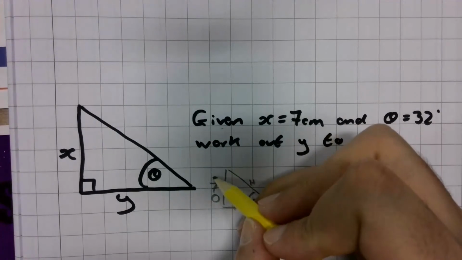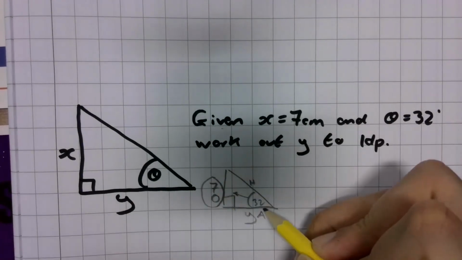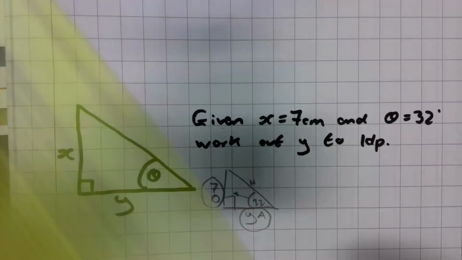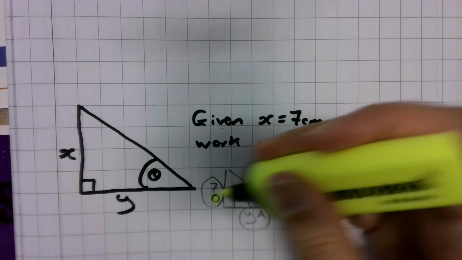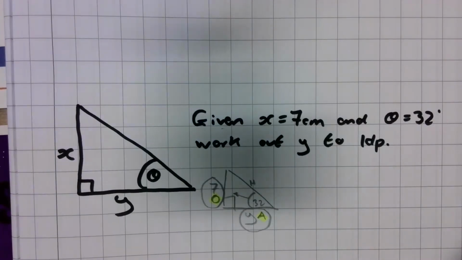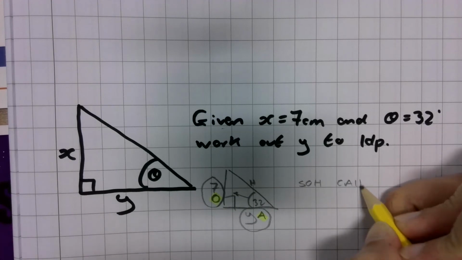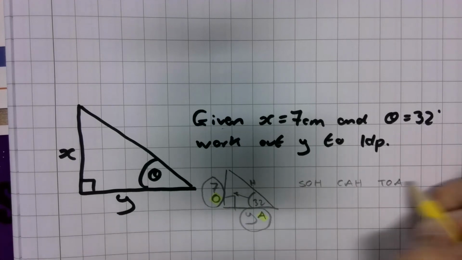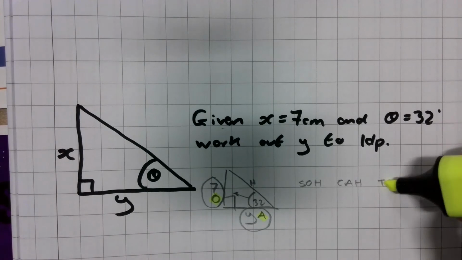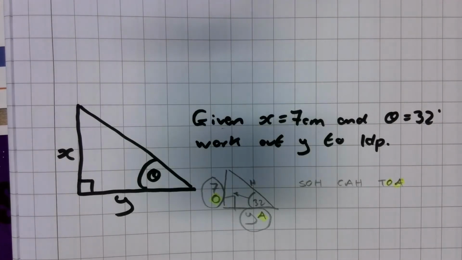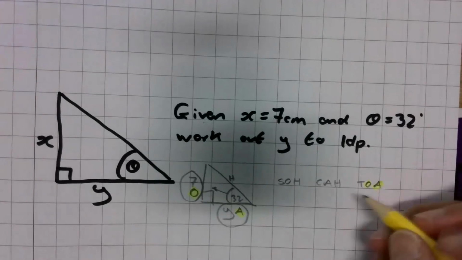This time we've got this side that's important, and this side that we're trying to figure out. So I've got O and A. If I write out my SOH CAH TOA again, you can see the O and A appear there and there, which means I'm going to be using tan.